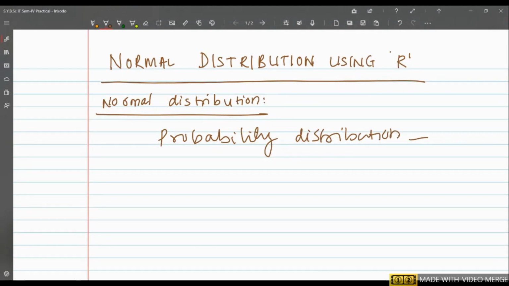This probability distribution defines how the values are distributed with respect to some random numbers. But this distribution follows a specific pattern, and this pattern is a symmetric pattern, and this is the speciality of the normal distribution.